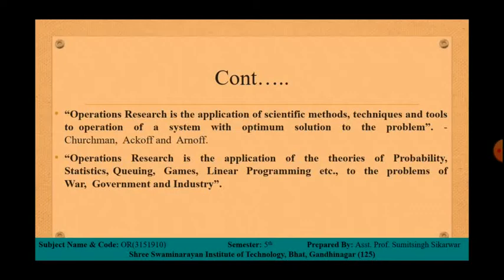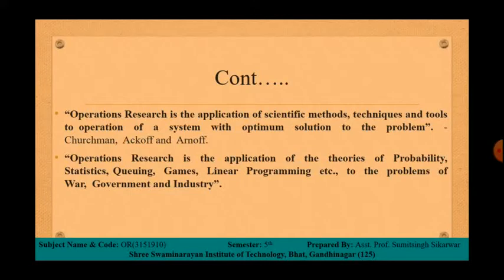A manager has to study the problem, formulate the problem, identify the variables, and formulate a model. Then he needs to select an appropriate technique to have an optimal solution. So we can say that, from this definition, operation research is a bunch of mathematical techniques to solve problems of a system.